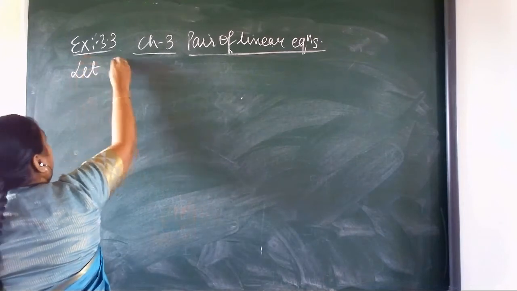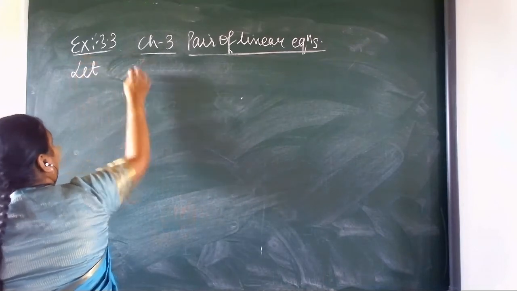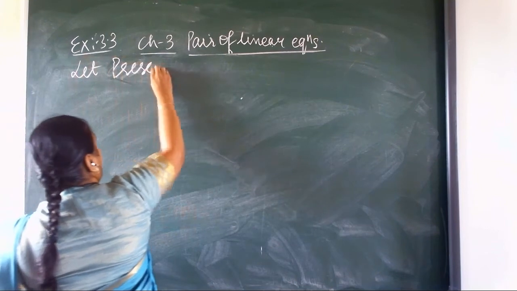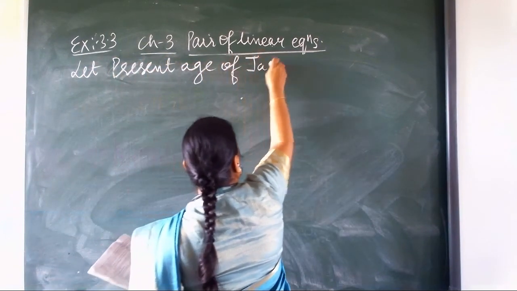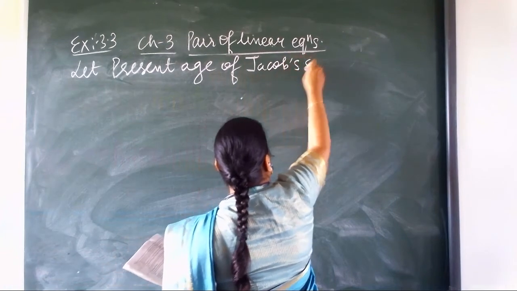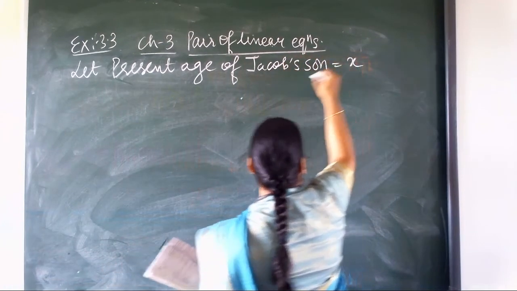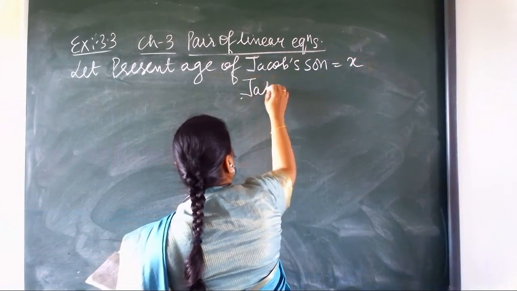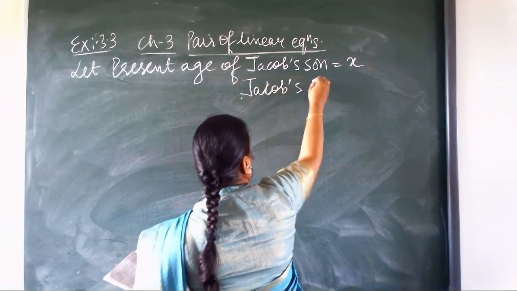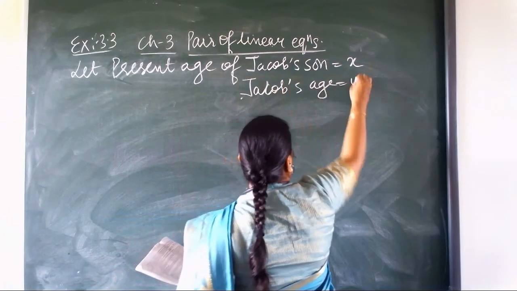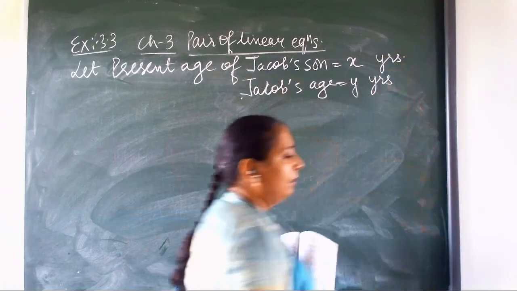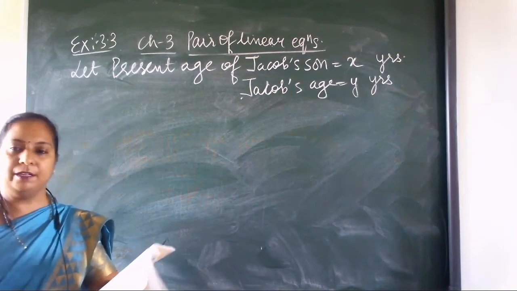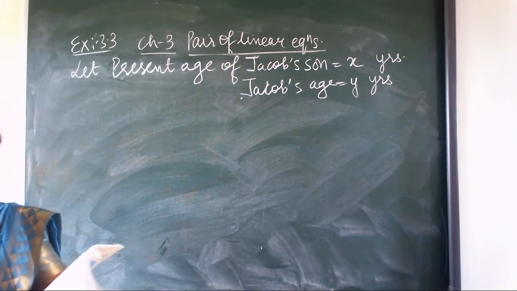Let Jacob's son's present age be x and Jacob's be y years. Now the first statement, we form the first equation.